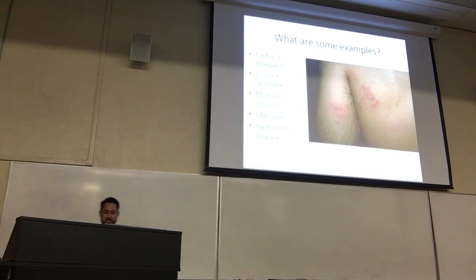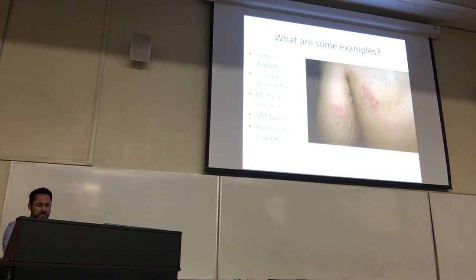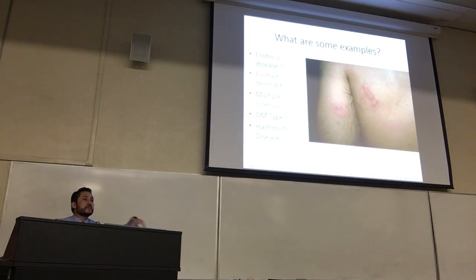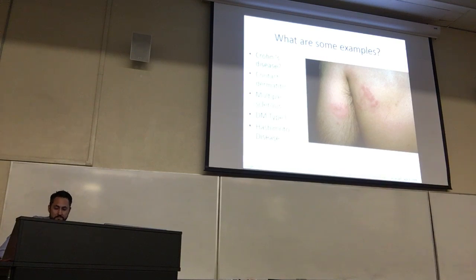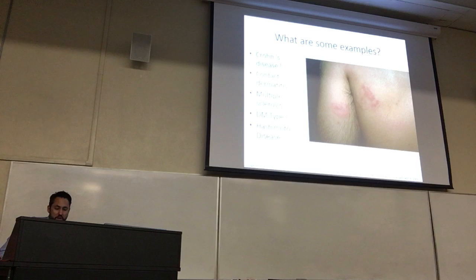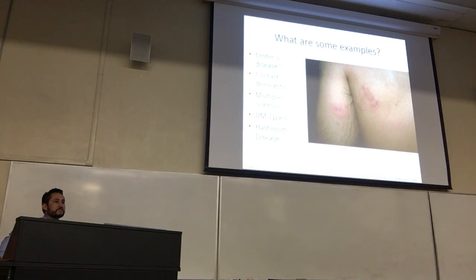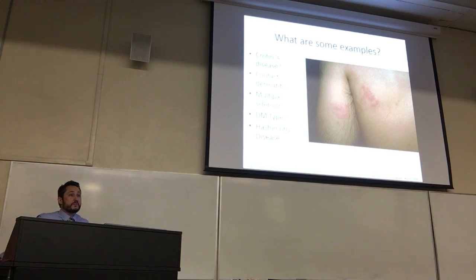So celiac disease. Celiac disease is typically referred to as a type 4 hypersensitivity because there are T cells that are recruited and involved in the onslaught. The T cells attack the lining of the small intestine, and it prevents it from absorbing parts of the food that are necessary for staying healthy, and so they become malnourished.